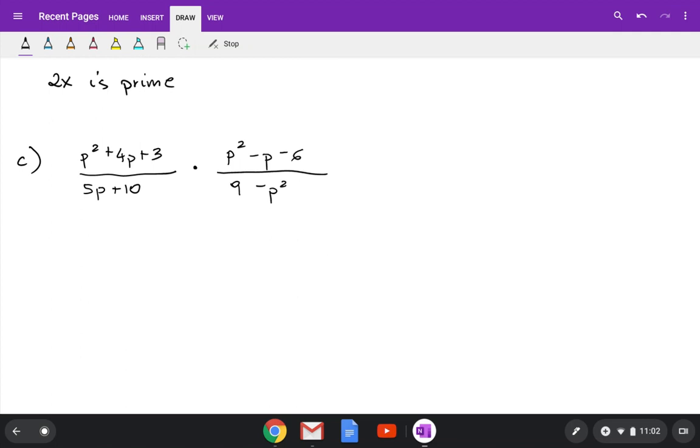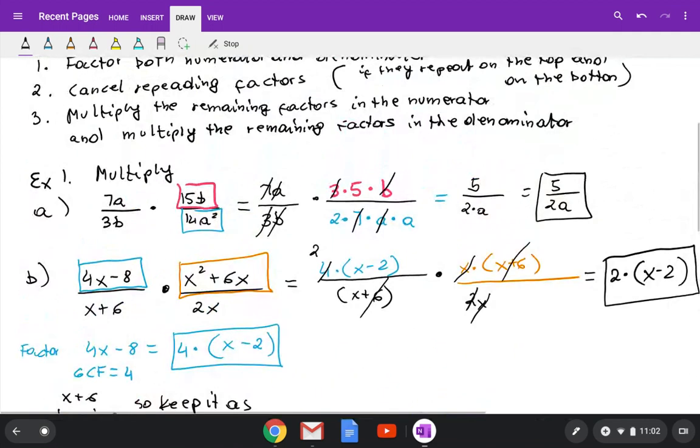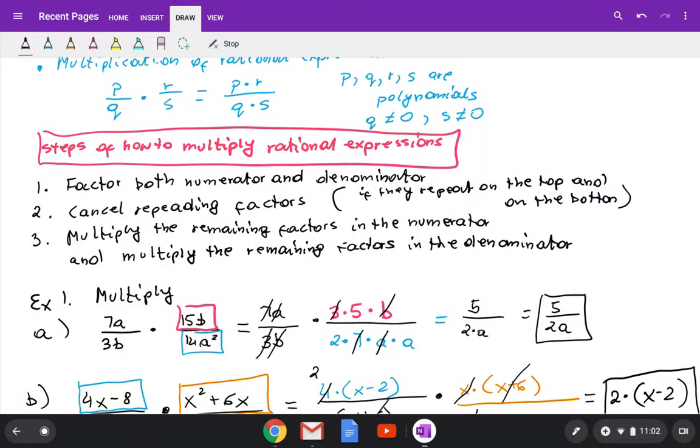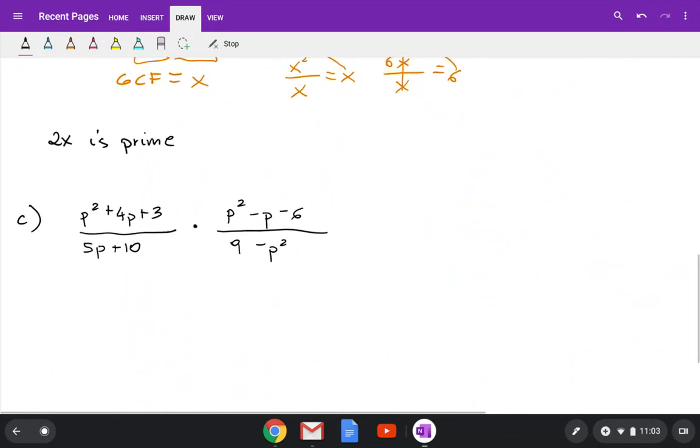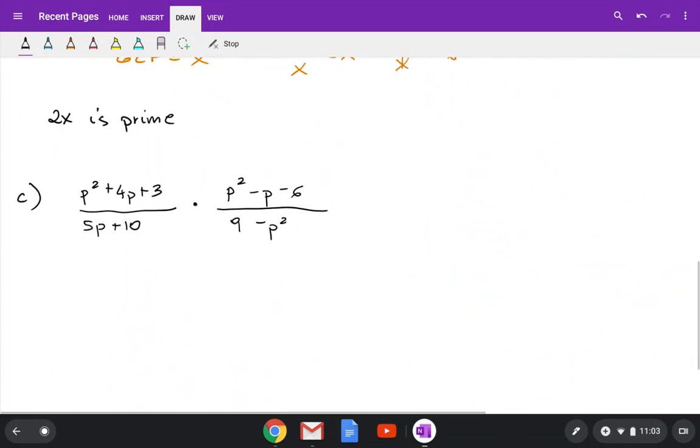So again, we follow the steps. Okay, step number 1, factor both numerator and denominator. Okay, so here we have a lot.